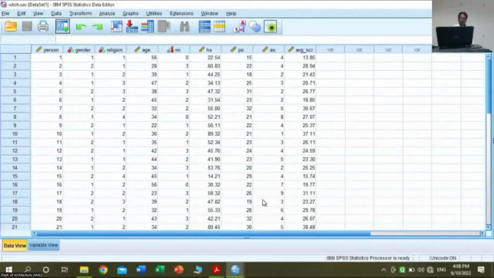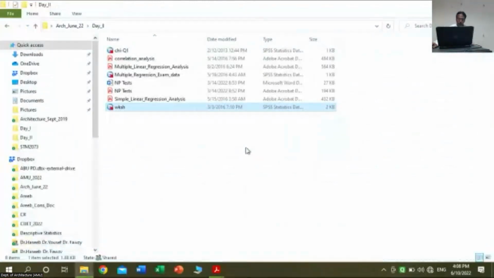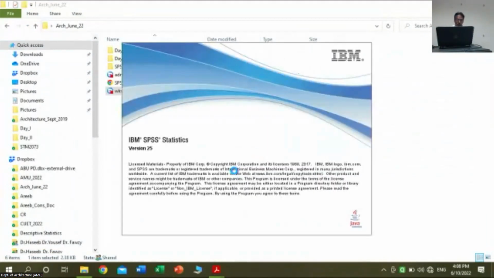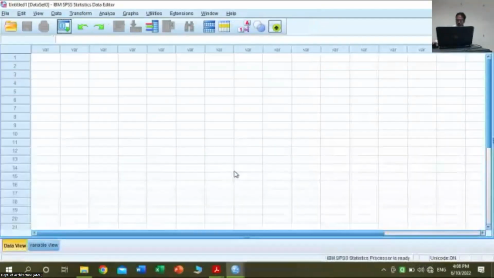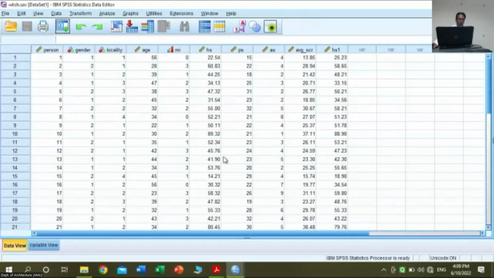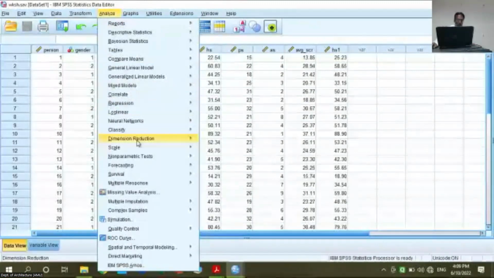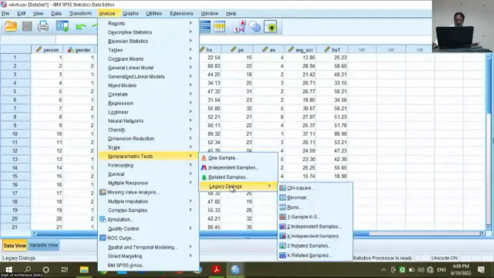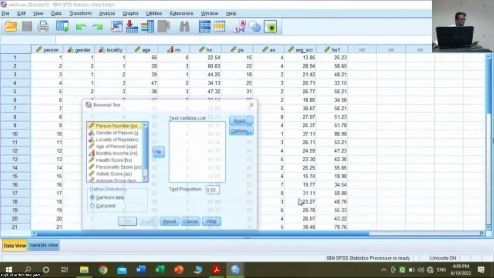ठीक है। सो ये एक सेकंड, दूसरा लीजिए. Okay, so here select analyze, then see here non-parametric test, and then here select binomial.